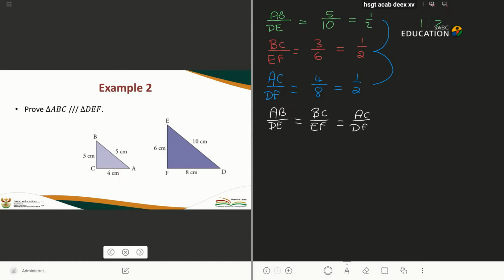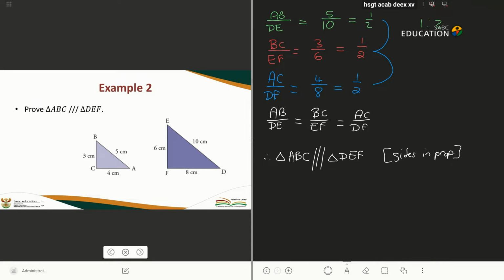And now you can write, well, therefore, triangle ABC is similar to triangle DEF. And your reason there that you write is sides in proportion.